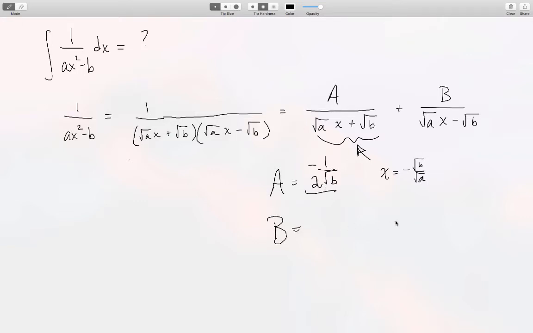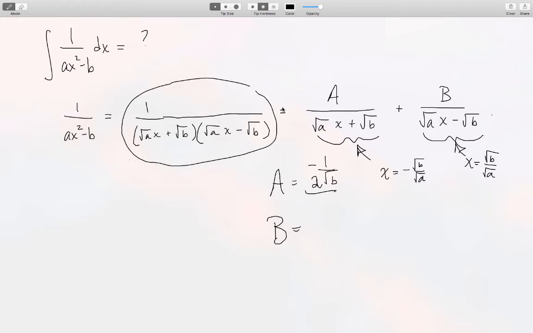And we can do B the same way. If I just figure out what makes that denominator 0, that would be when x is square root b over square root a, and by this quick cover-up method I'm looking at this entire left-hand side right over here, and I'm plugging in that factor that made this fraction 0 on the bottom.